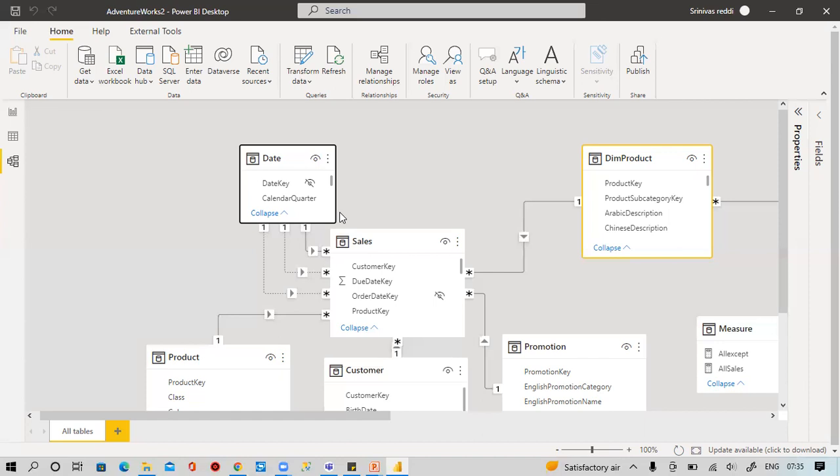Sometimes we cannot incorporate all the changes within the star schema, and eventually end up with the snowflake schema. What is snowflake schema? If the fact table is indirectly connected to the other dimension tables, then it is the snowflake schema. I will show you some examples.